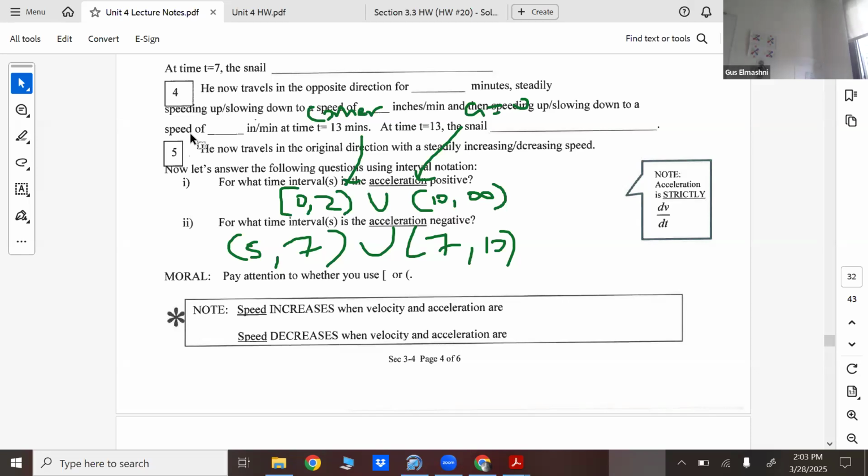What curve do I have right now? Velocity, right? The slope of velocity is what? Acceleration. And what's the slope from 5 to 7? Negative. That's why. Don't overthink it. We do have to pay attention to those brackets. So 5 I would not include, 7 I would not include. It's a corner.